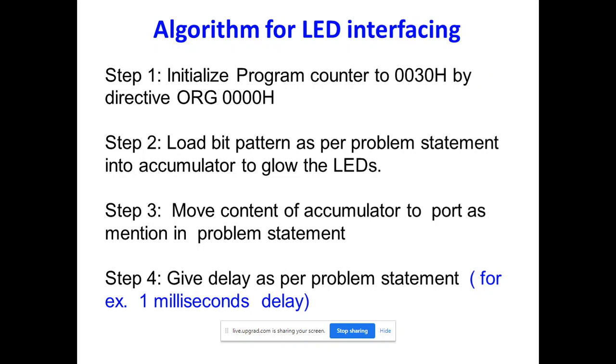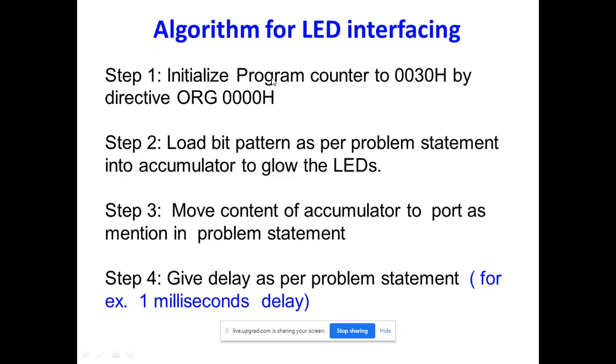Now first we will discuss the generalized algorithm for LED interfacing. The first step: always when you turn on the controller, the microcontroller's PC, the program counter, shows a memory location. Always it shows the first memory location, that is 00H. But at that location there is a register bank, then a bit addressable area, and from 0030 onwards the scratchpad starts, where we write our program and edit it as per our choice.